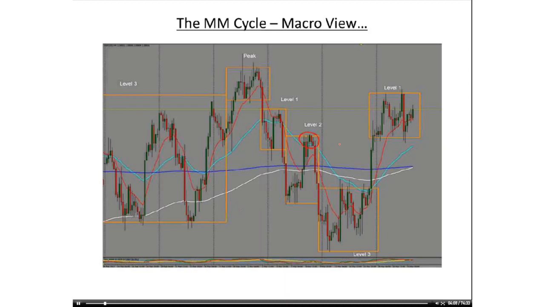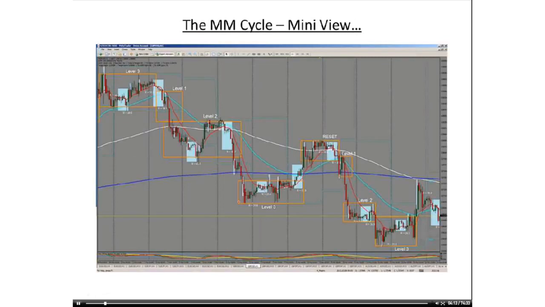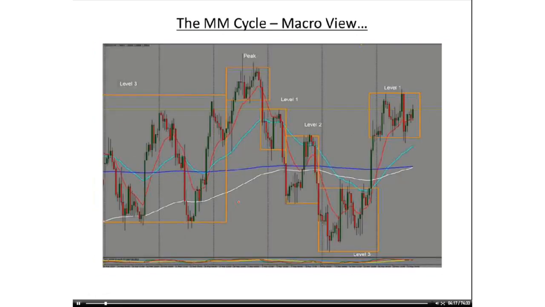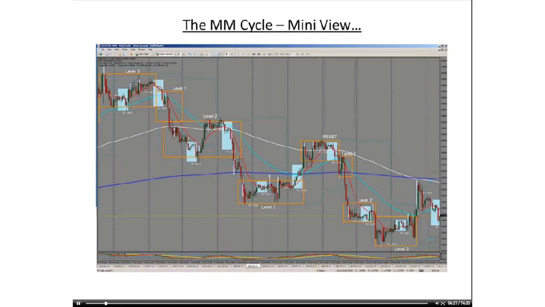All right, so that's what I mean by watching the high time frames and things move fractally. So this chart, 3 levels of drop, is the same as this chart. You have 3 levels of drop, 1 level of rise, and 3 levels of drop. Okay, that's what it means.